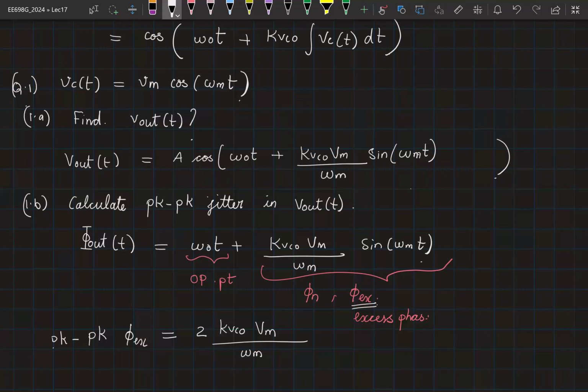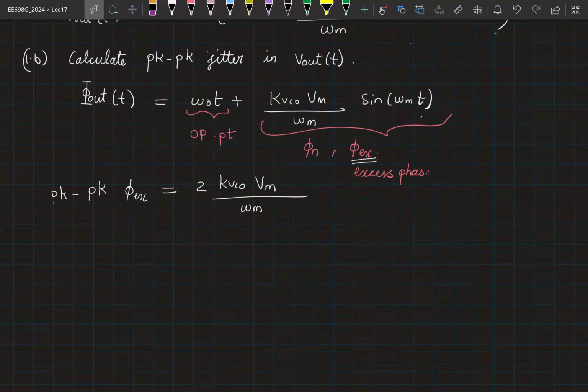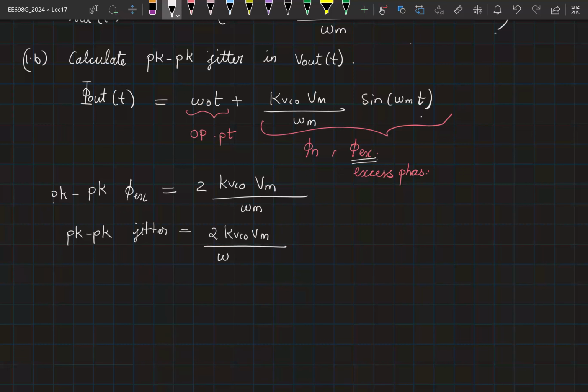Twice of this. So now if you have the peak to peak value of excess phase, what would be the peak to peak value for the jitter? This divided by omega naught, right? So that is 2 times kVCO Vm divided by omega m into omega naught.